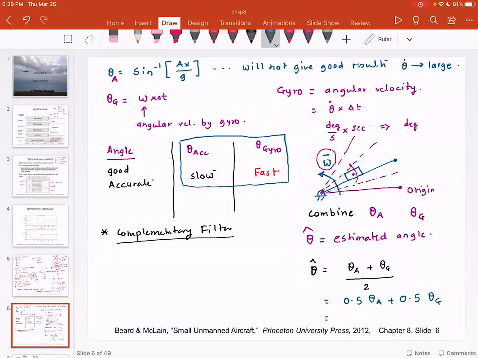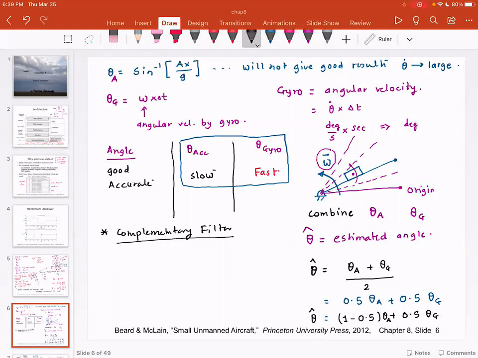In other words, and this is an important expression that I want to write here, I want to say 1 minus 0.5 times theta A plus 0.5 times theta G. So what this tells me is if somehow I can get this mixing coefficient right.